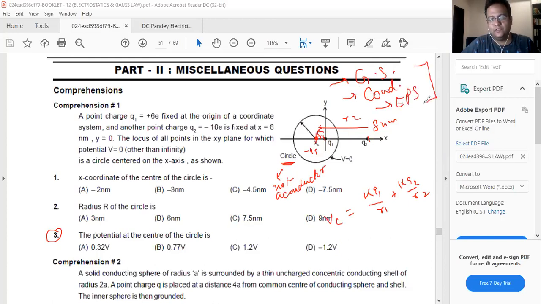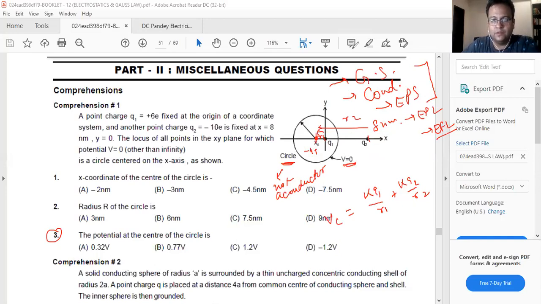There are three different things: Gaussian surface, equipotential surface, and conducting surface. People confuse them into one. Instead of a conductor, they assume a Gaussian surface, and so on and so forth. This is an equipotential line. Potential at every point is 0. People get confused between all these things. I don't know. So be very clear about what is there and what is asked in the question.